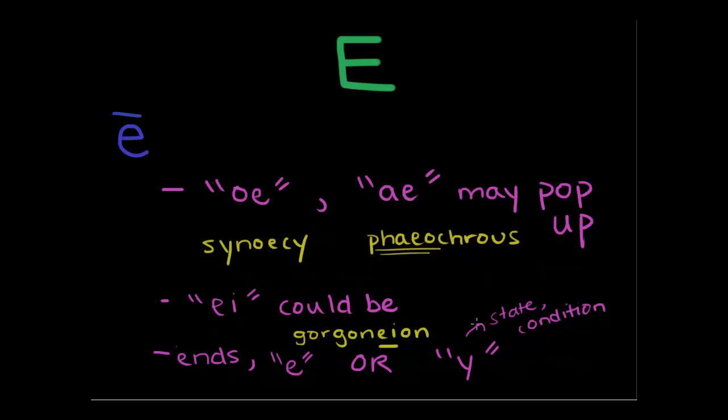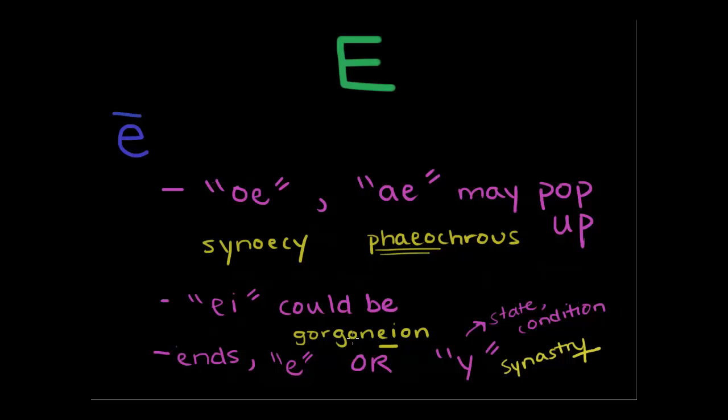So if you figure out that it has something to do with a state or condition, it's going to end in a Y. And most of the time, if a Greek word ends in a Y representing state or condition, it's usually passed through late Latin. So if you hear that, that might be another clue that it might be a Y. An example would be synastry. See? Y there for the E sound, synastry.